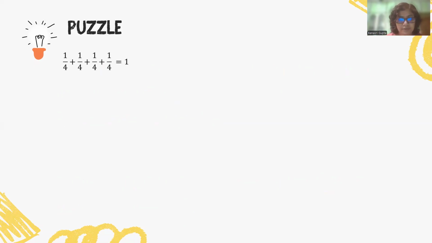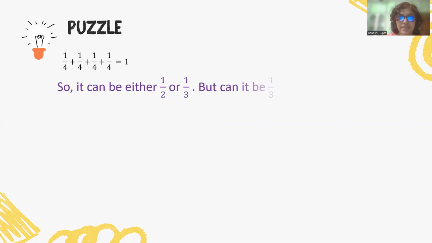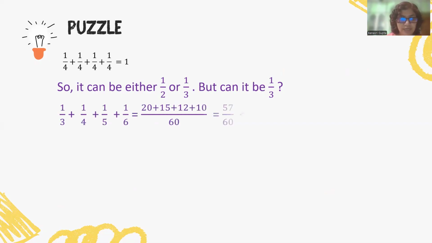So it can be either half or 1/3, but can it be 1/3? Let's fix the first one as 1/3, and if we add the progressively next bigger ones, then all the 4, if we add, we get 57 by 60, which is less than 1.